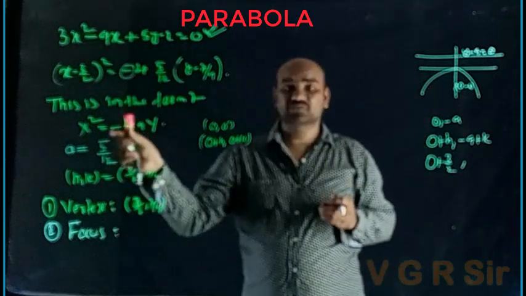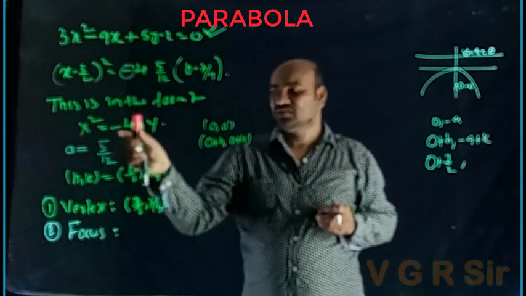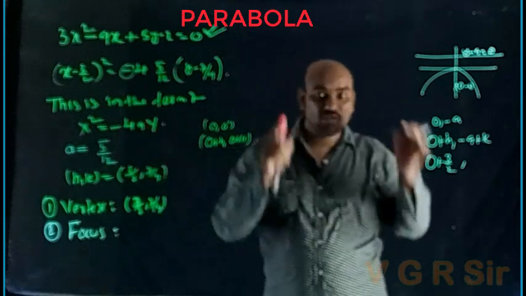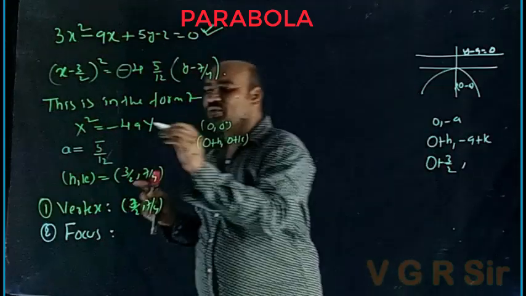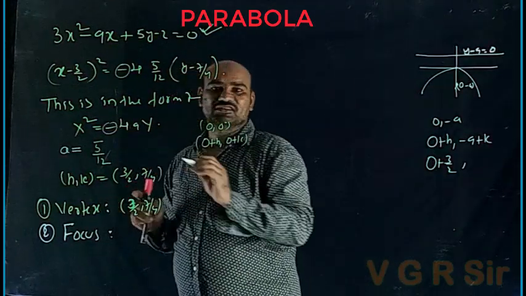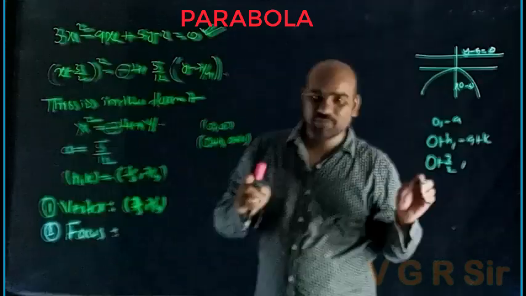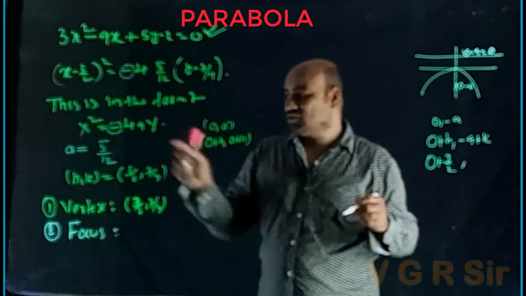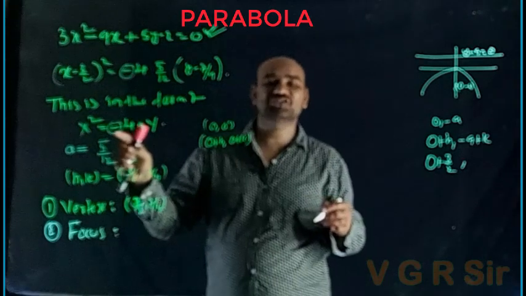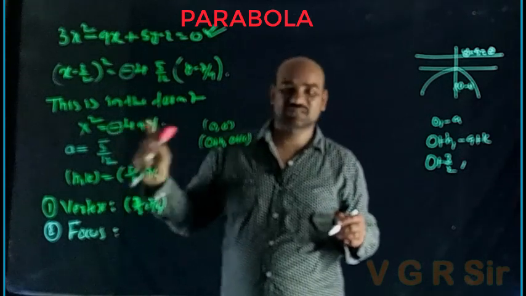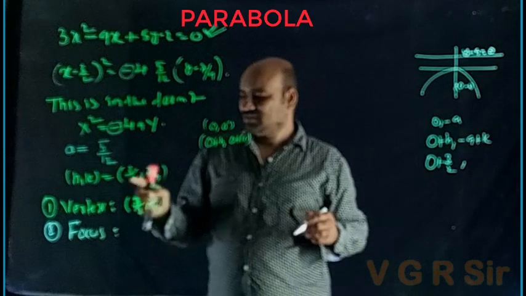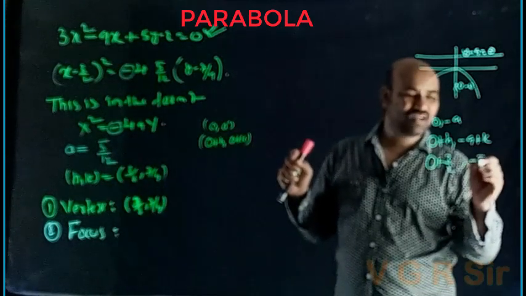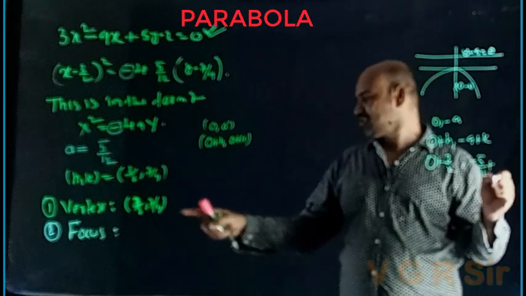This minus stands for the position of the parabola, meaning this parabola opens downwards. So the work of the minus is completed. Using that minus only you can say the position of the parabola, whether it opens right, left, upwards or downwards. After identification of the position, there is no use of this minus symbol. Just a means 5 by 12. So here minus a is minus 5 by 12, plus k means 7 by 4.